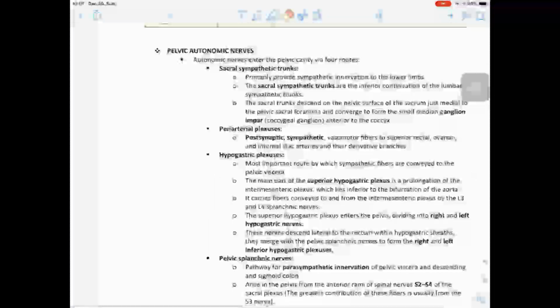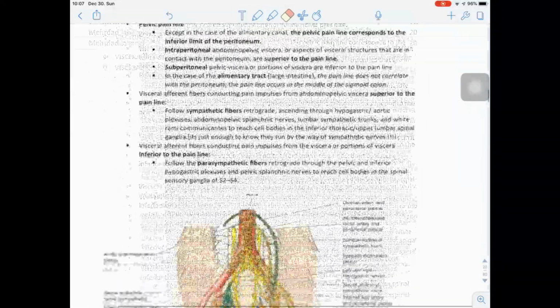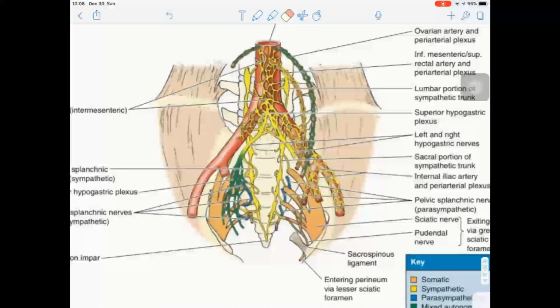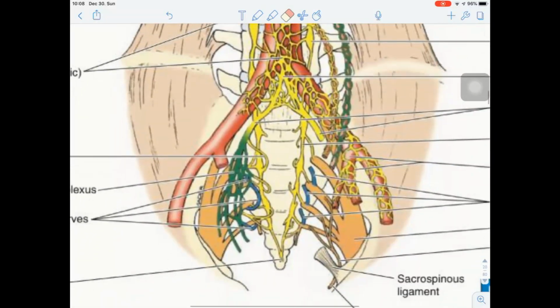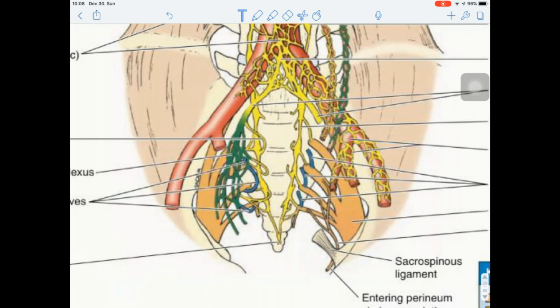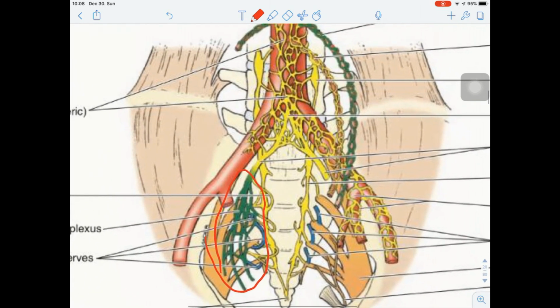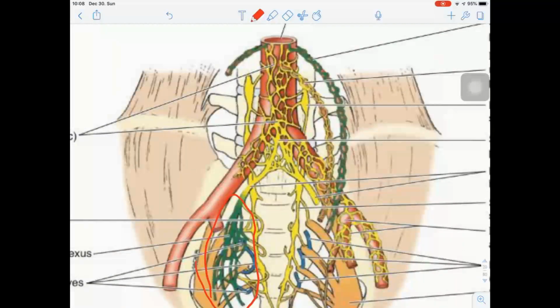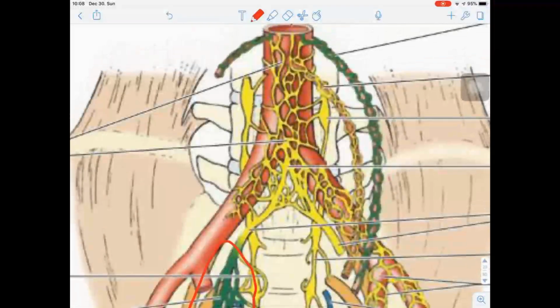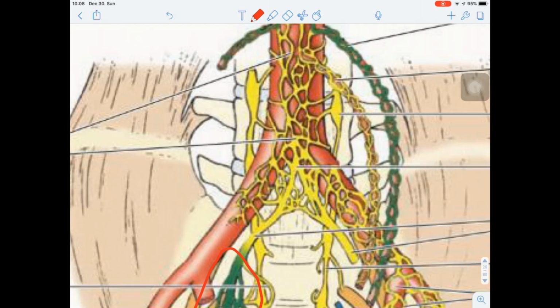So this was the somatic part of the game, let's say. Now we have the autonomic part of it. The major plexus of nerves which we will talk about in the case of the autonomic innervation is the inferior hypogastric plexus. We talked about this a bit before. If you remember, you had the lumbar segment of the sympathetic trunk in the lower abdomen.